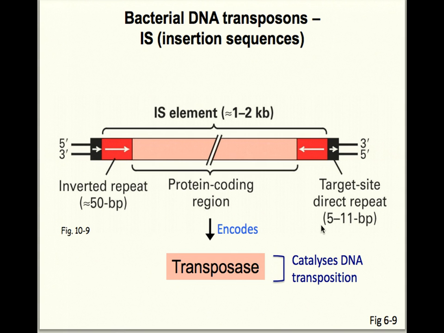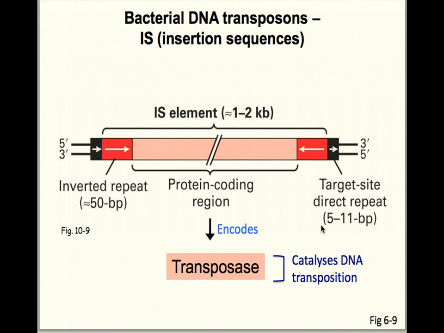You'll notice on the slide there are those little black sections labeled as direct repeats. Just a little additional information on that. The reason there are direct repeats on either side of the transposon has to do with the mechanism of cutting out. The DNA gets looped, and these direct repeats line up with each other.